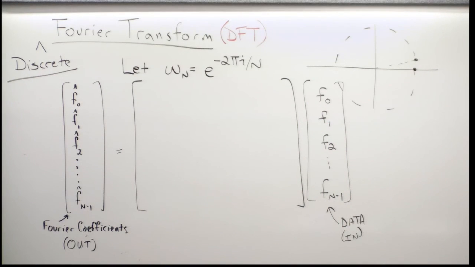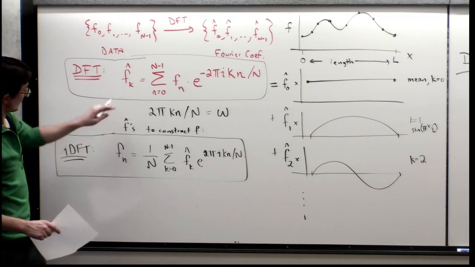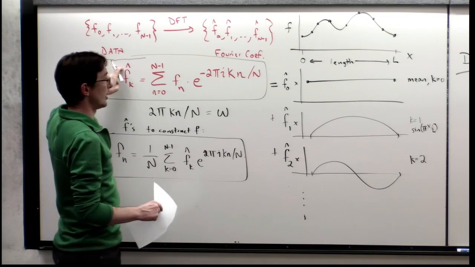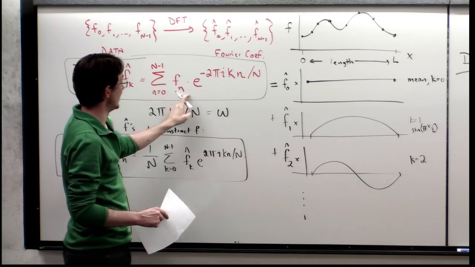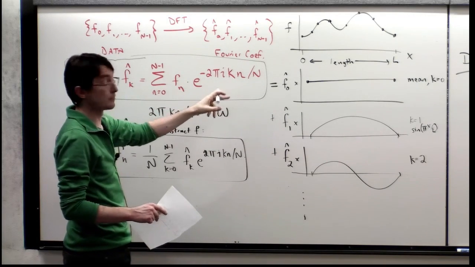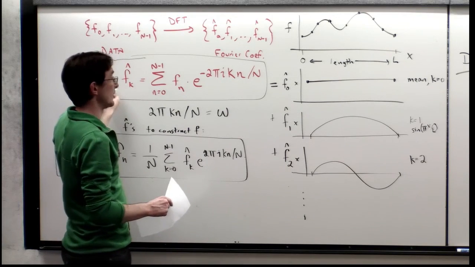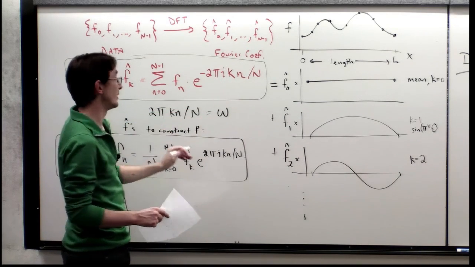If we just go back to this expression on the left board, we know that each of these fk's is a sum over all of the data times a particular frequency. So this would be kind of a row in the matrix equation on the right.